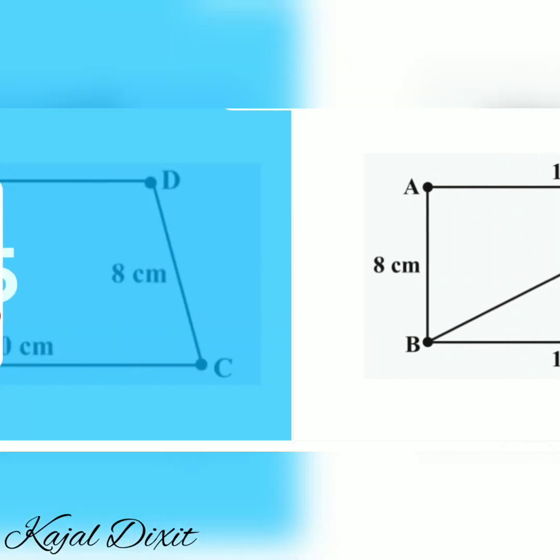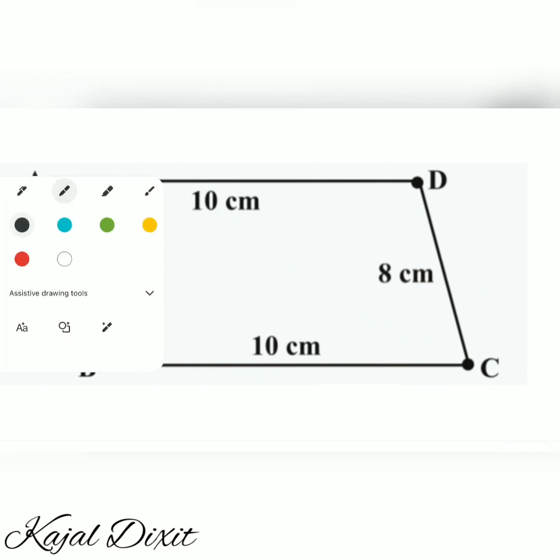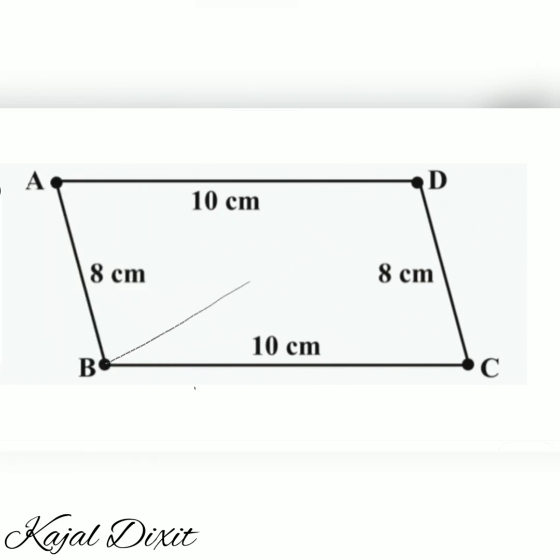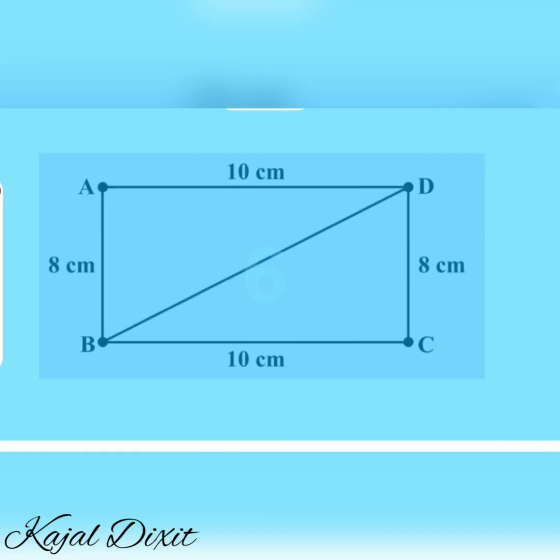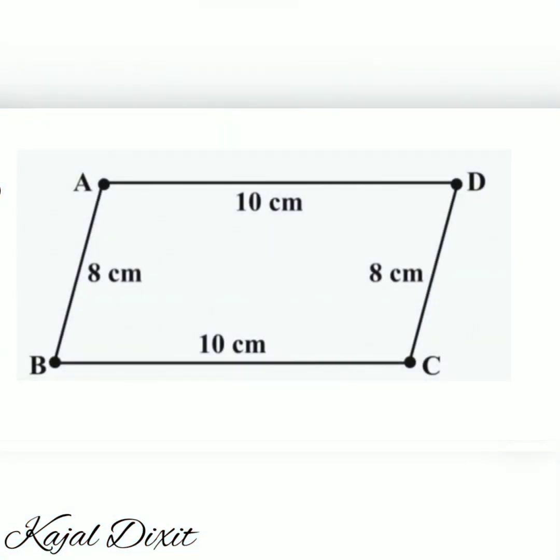Because if I see the last figure, then definitely the value of this diagonal BD will not be the same as that of this rectangle. And if I move on to the previous picture, then also if I try to find out the length of the diagonals here, the value of BD will come out as different.